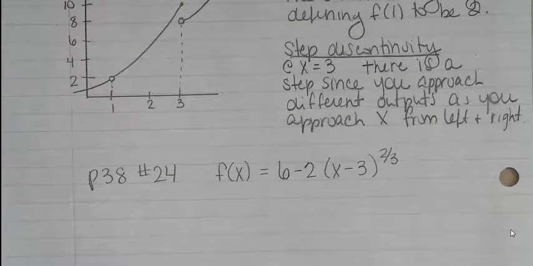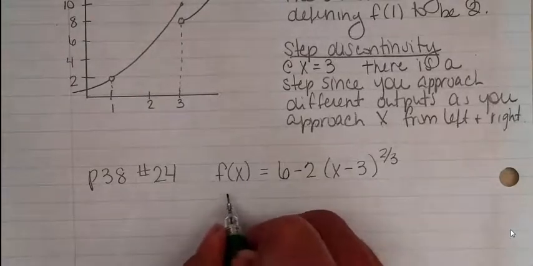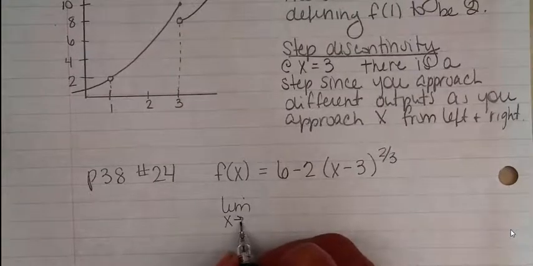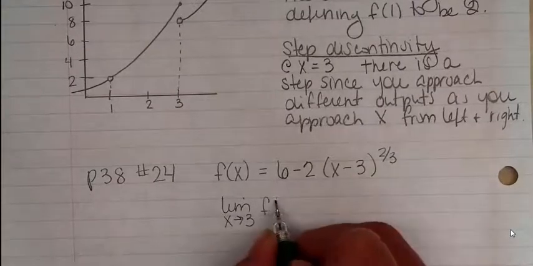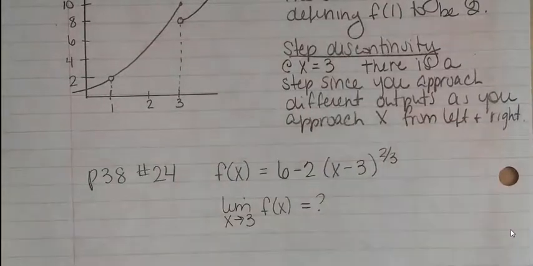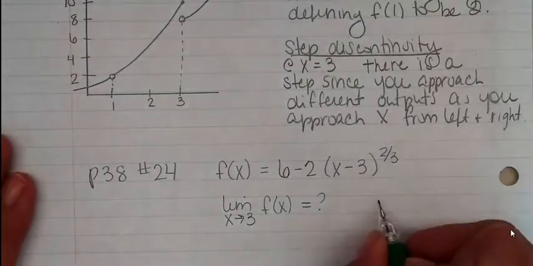Okay, so I want to find the limit. So I want to know the limit as x approaches 3 of f of x. That's my question here. And I want to calculate this 2 ways, okay?